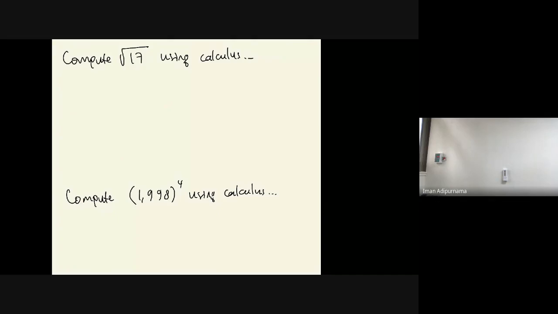But the difference is make sure of the signs, positive, negative. This is less than 2, right? But that is more than 16. So this is more, this is less. So of course one will be plus, one will be minus.